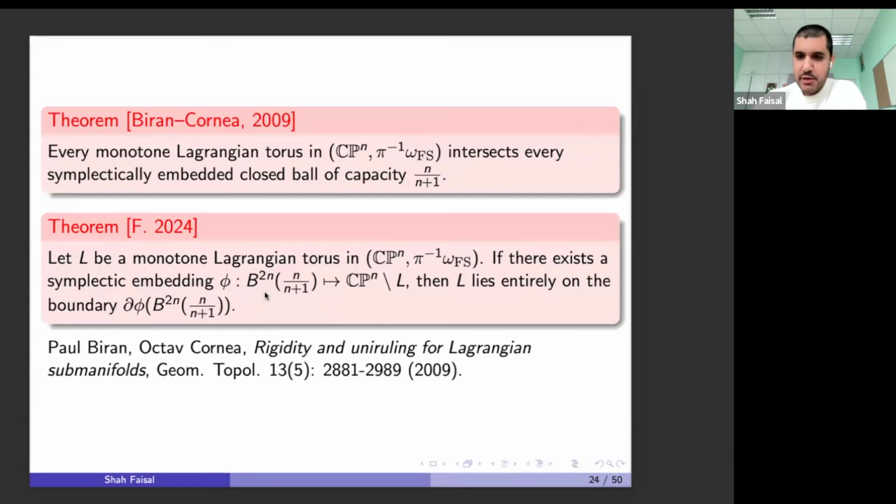So this one is an open ball of that capacity. Now I stated this only for tori, but at least this holds for Lagrangians that admit a metric of non-positive sectional curvature.